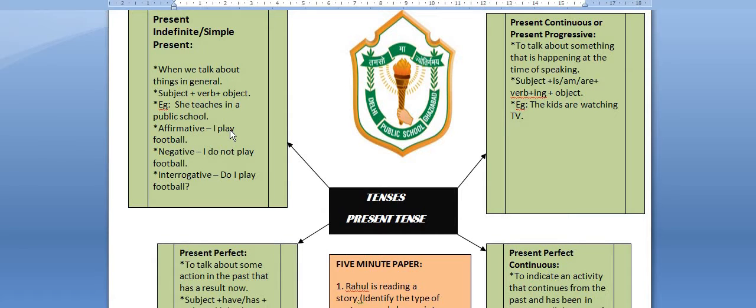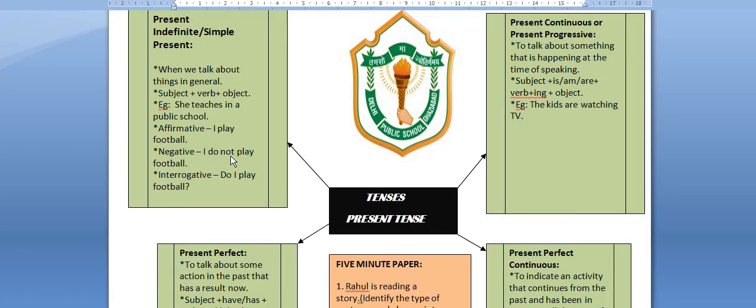Now, a negative sentence always says no. The word no is represented by the word not in negative sentences. So whenever we convert a sentence into negative, it is always accompanied by the word not. But we need to understand where to place the word not. Whenever we change a sentence into negative, not has to be always placed after the helping verb in the sentence.